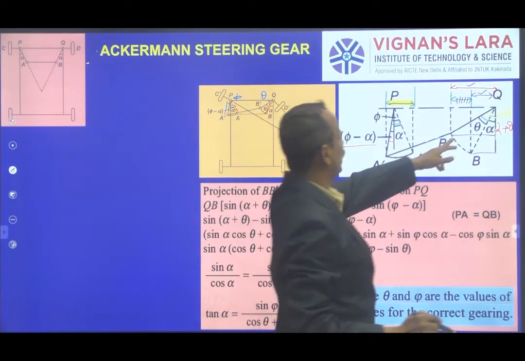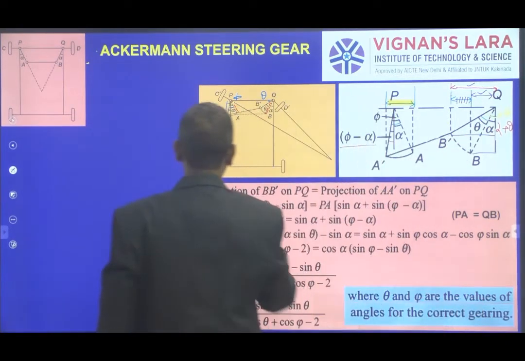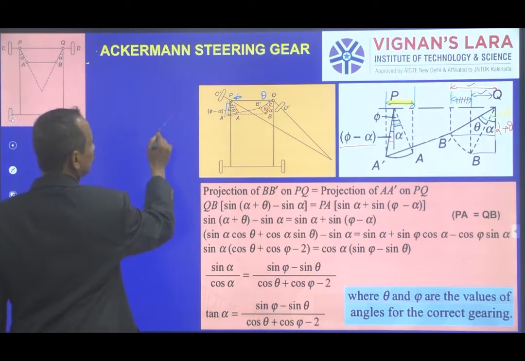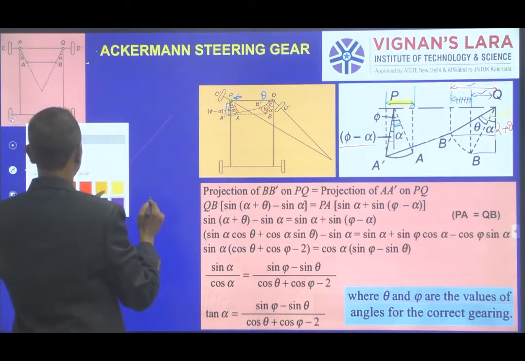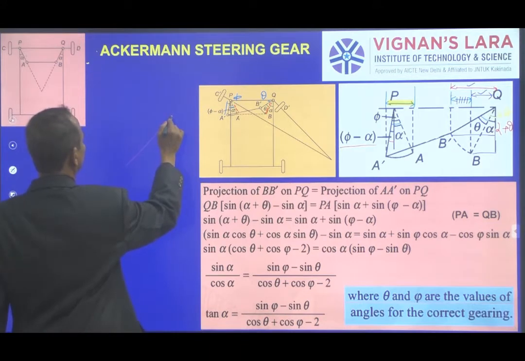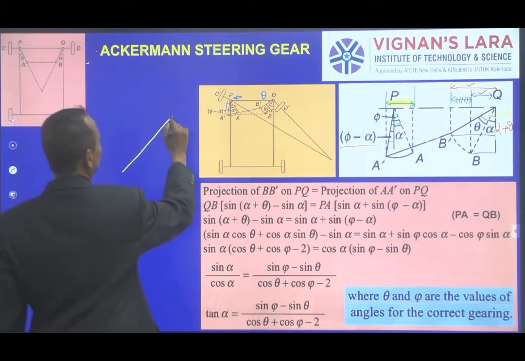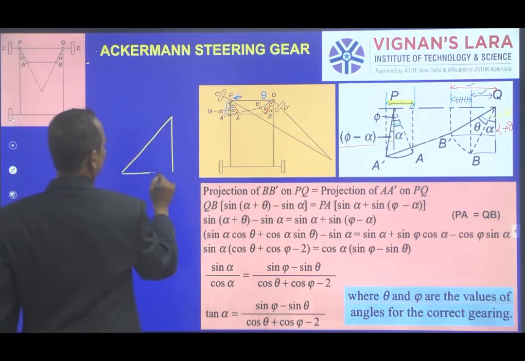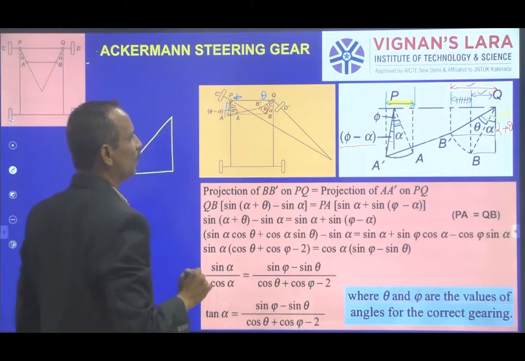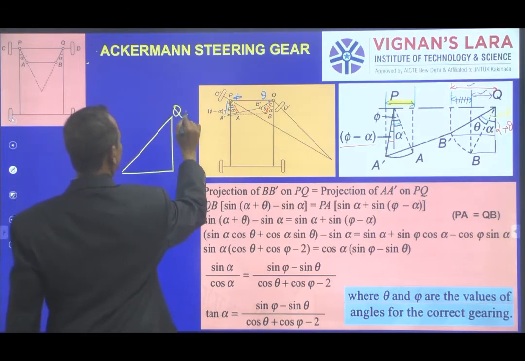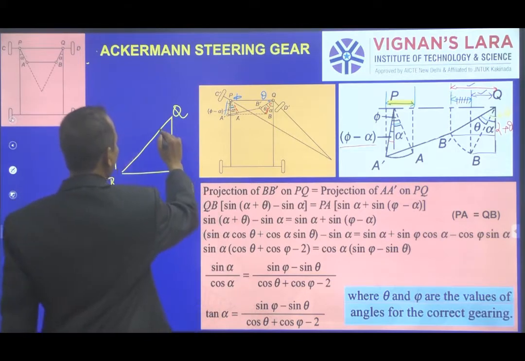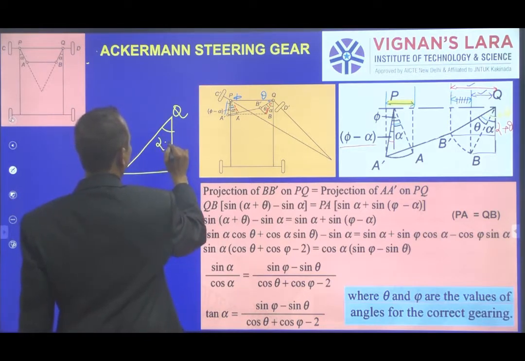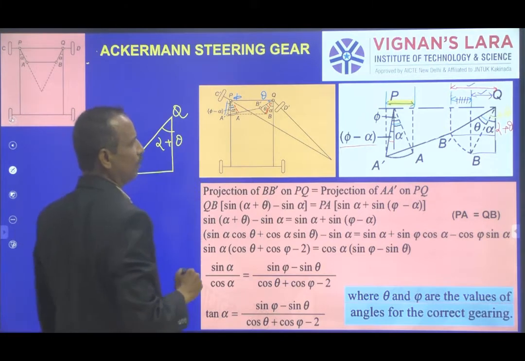So one is this triangle, where QB dash and this total angle is alpha plus theta.